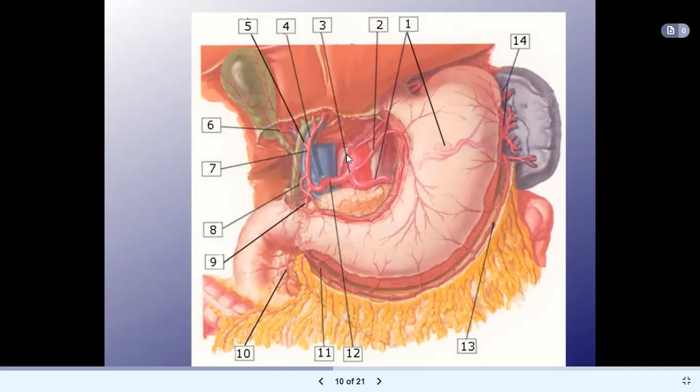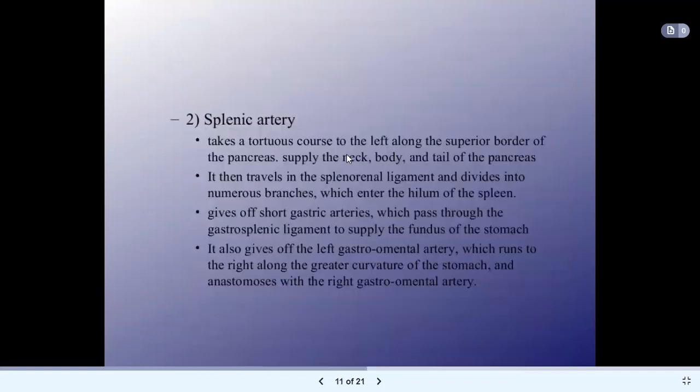They are branches of the celiac trunk. Then we mentioned the splenic artery also. The splenic artery, second branch of the celiac trunk, supplies the spleen. It takes a tortuous course to the left along the superior border of the pancreas. It supplies the neck, body, and the tail of the pancreas.